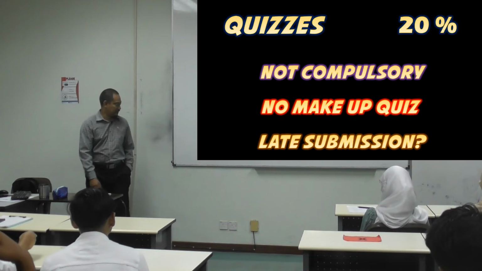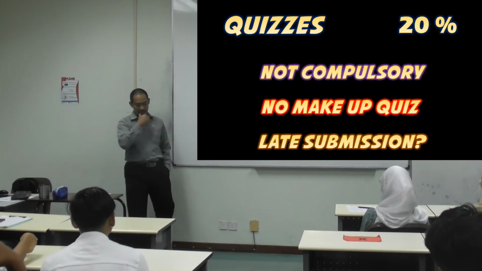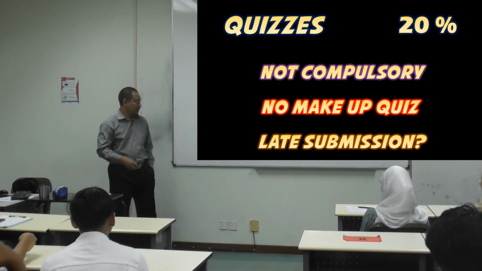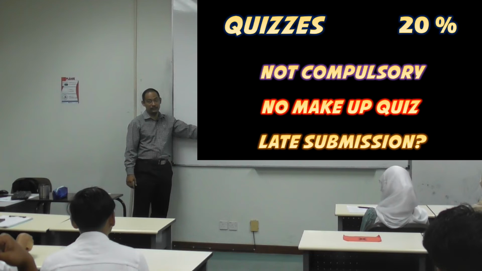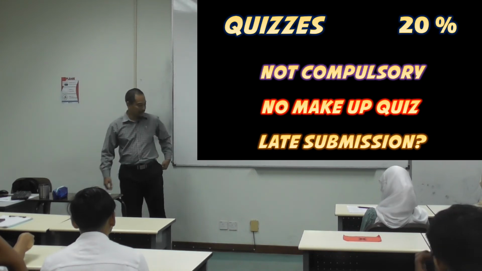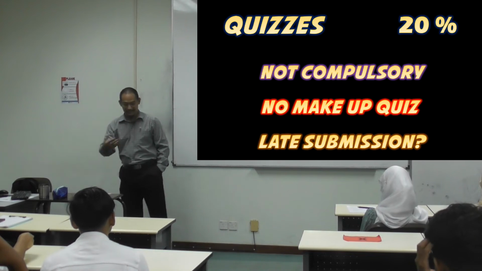Now, another thing is in terms of late submission, because normally when I collect, some are still writing. Normally I ask the students at the beginning of the semester, which approach do you prefer? One approach is late submission is not accepted. Meaning if time's up and you haven't submitted, it's okay, just keep it. That is not accepted.